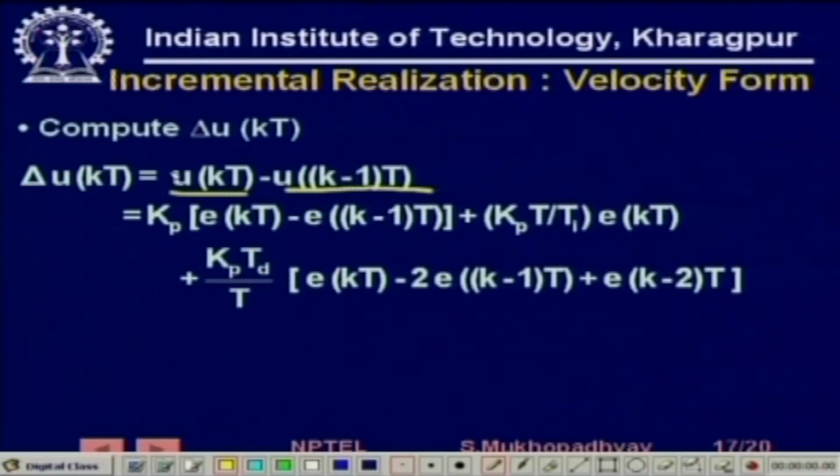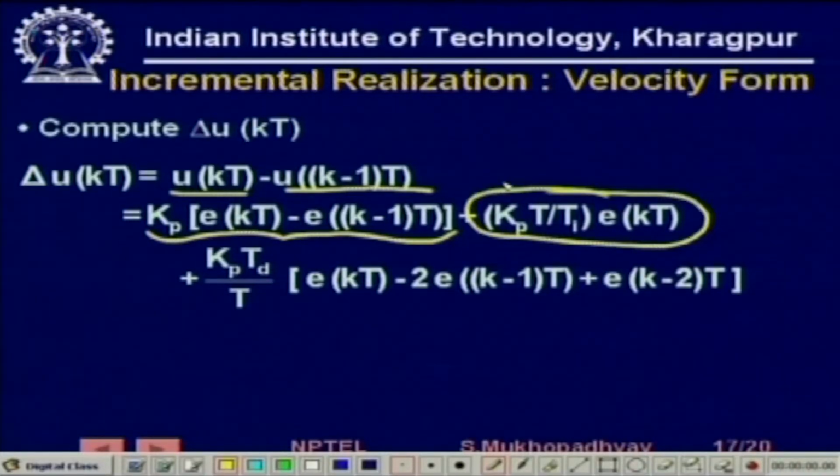So, we just substitute the previous formulae of u(kT) and u((k minus 1)T) and then subtract. The proportional term subtraction gives Kp into E(kT) minus E((k minus 1)T). Similarly, the integral term is basically I(kT) minus I((k minus 1)T), so it will give that additional term which I obtained.